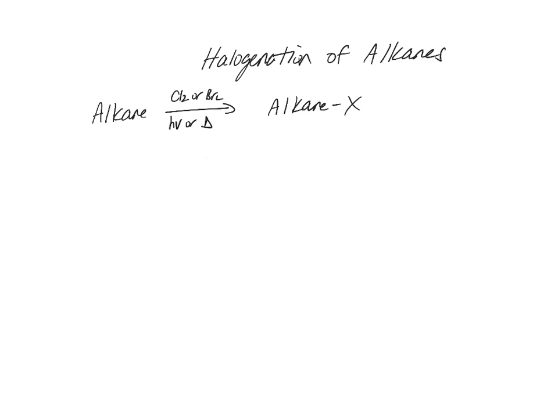Let's go ahead and do an example. Let's say we had something like that, and we treated it with Br2 and light, and we could put a monohalogen onto the alkane.